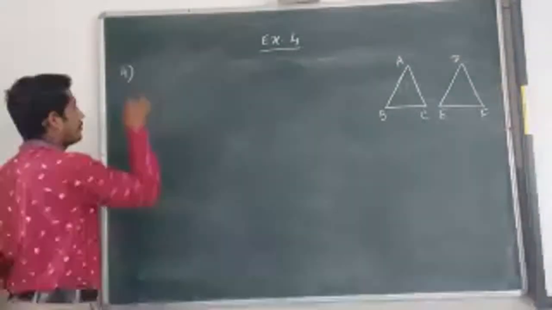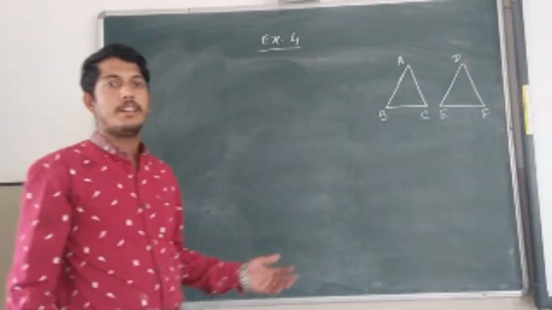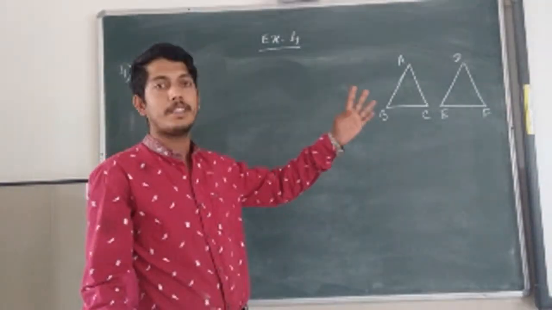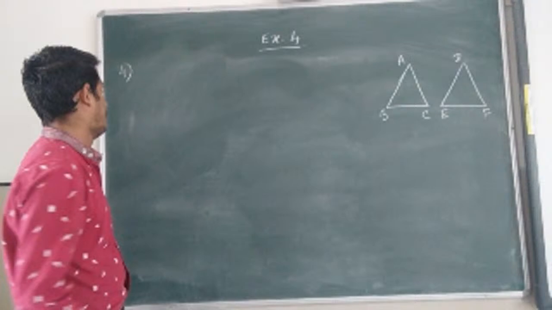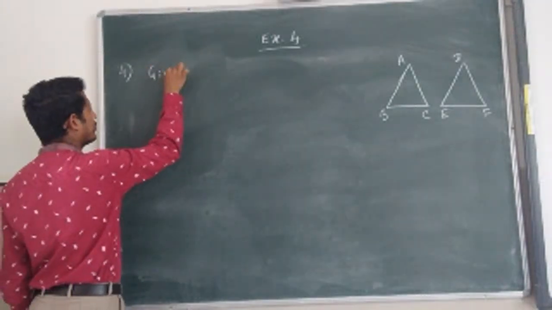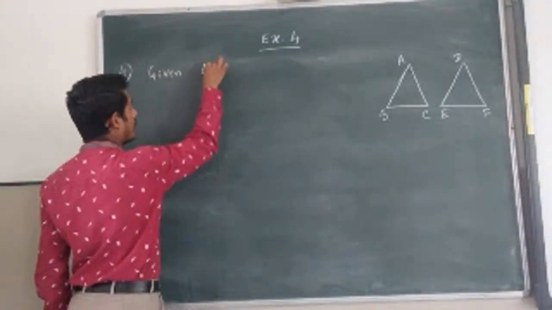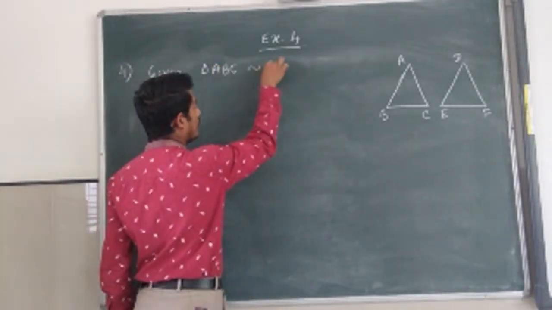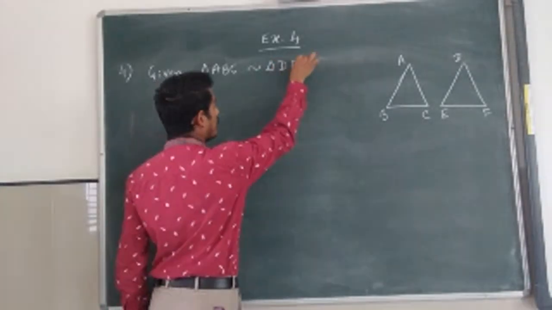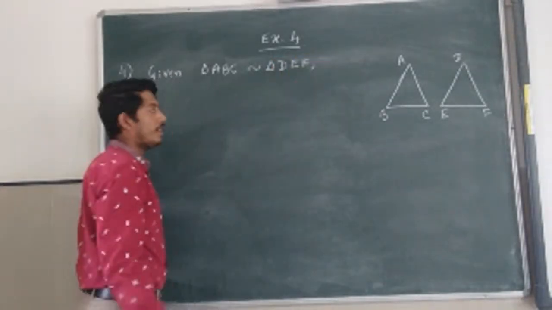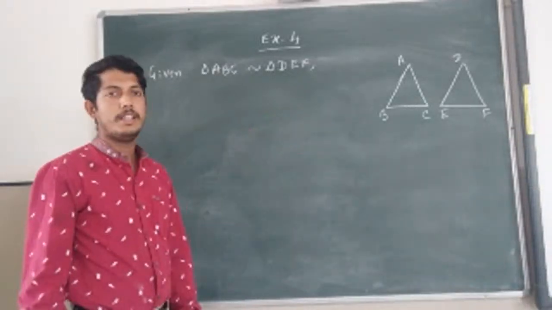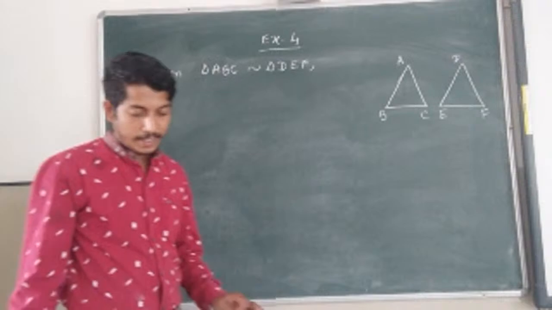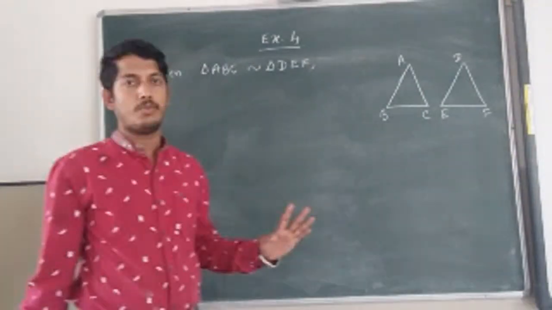Fourth solution. First given data is the two similar triangles. That means triangle ABC is similar to triangle DEF. This is the given data, and it is also given that the areas of the two similar triangles are equal.